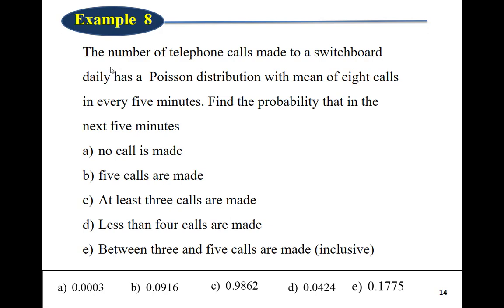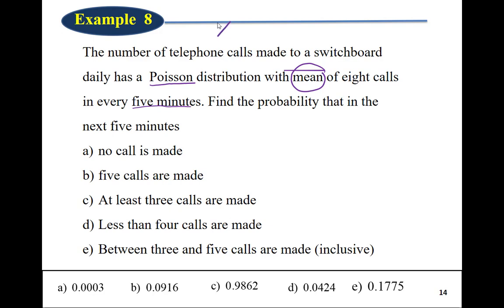Example 8. The number of telephone calls made to a switchboard daily has a Poisson distribution with a mean of 8 calls in every 5 minutes. So here it is very clear, this one is a Poisson distribution. Then we write the distribution.